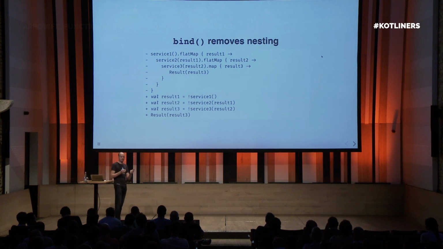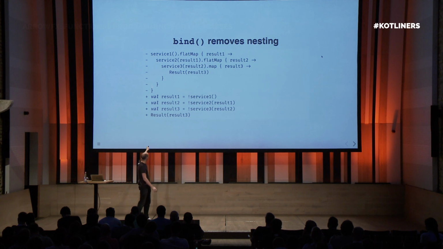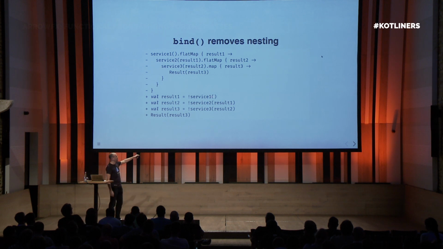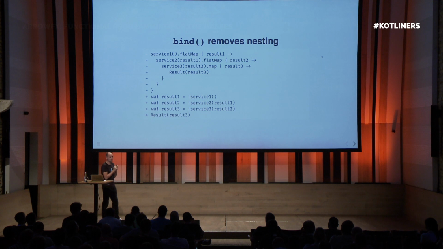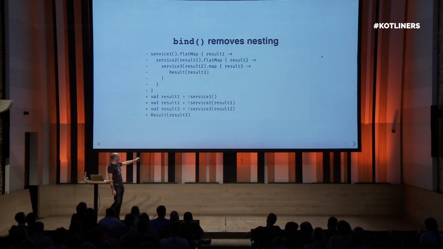Just as a little parenthesis, you can see here how we are able to convert a nested amount of flatMaps into a single indentation level thanks to bind. If I apply bind to each one of those computations, I enforce it to resolve and then actually extract the inner value and assign it to the left-hand side. And I can use it to perform the subsequent call, which is also enforced to resolve with bind.